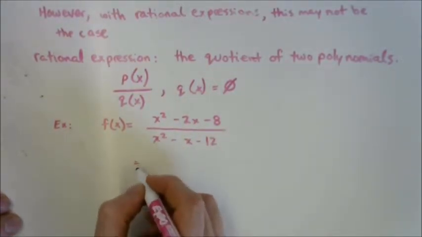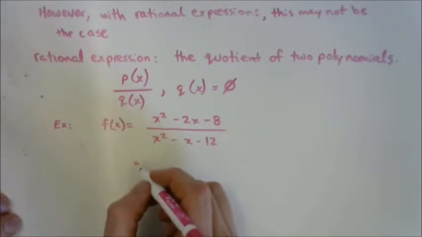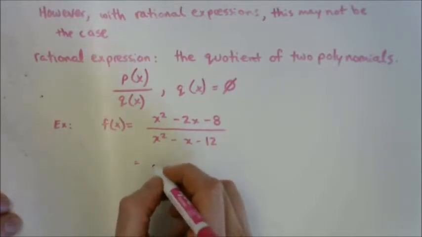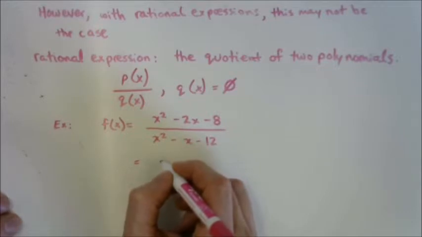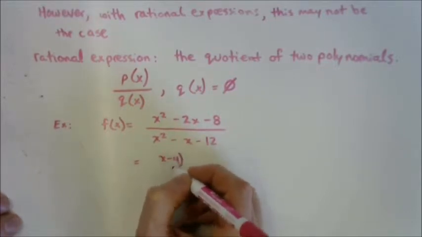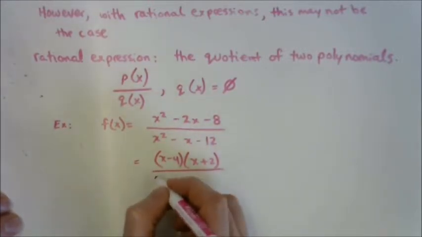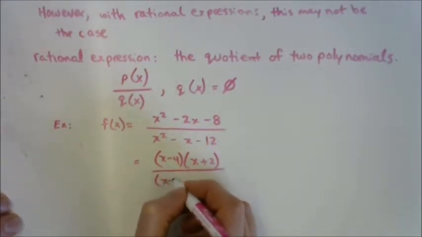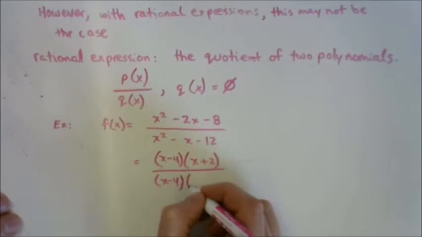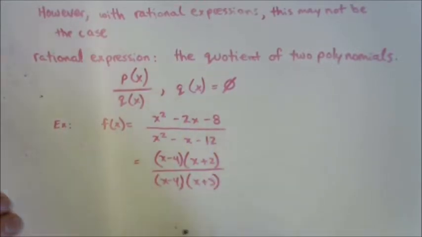And we reduced this, we factored it, and we ended up with x minus 4, x plus 2 over x minus 4, x plus 3. Okay, that's all work that we've already done.